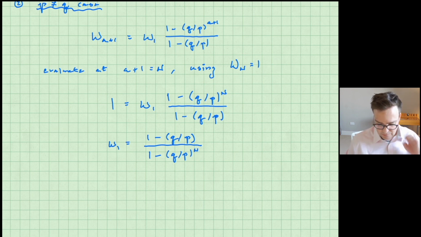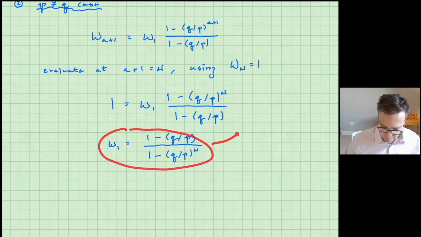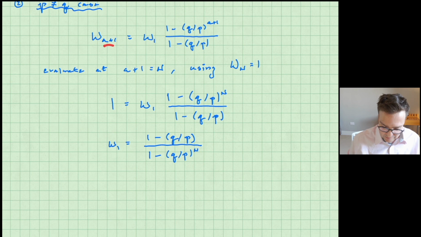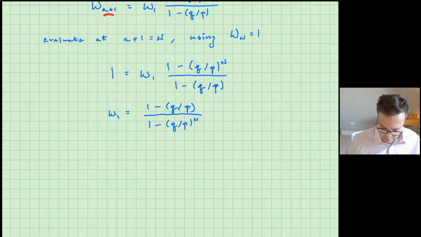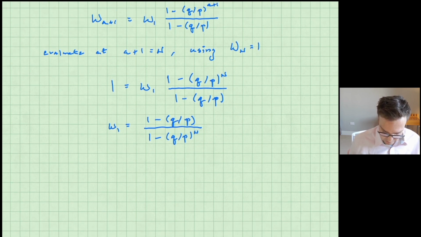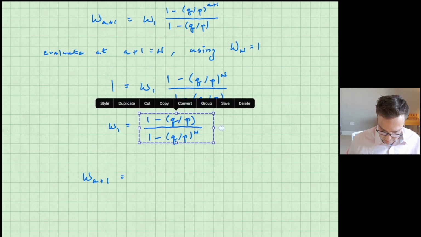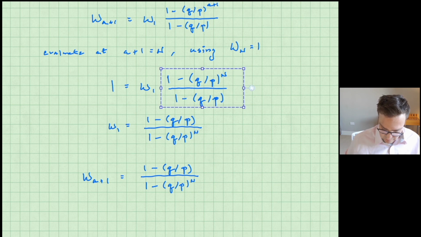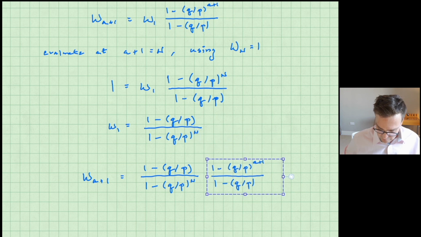Following what we did before, same strategy, we're going to take this thing and substitute it back into here, and then do some reindexing to turn that into A. So we substitute that back in, and what we get is W_{A+1} is equal to this guy, which I'll take from up here, times this guy.